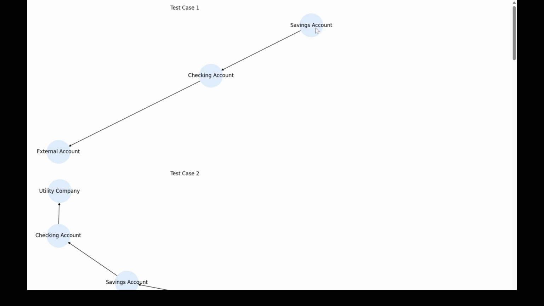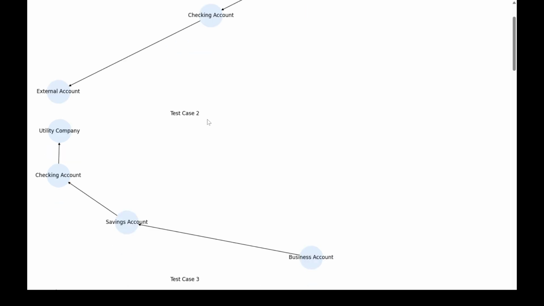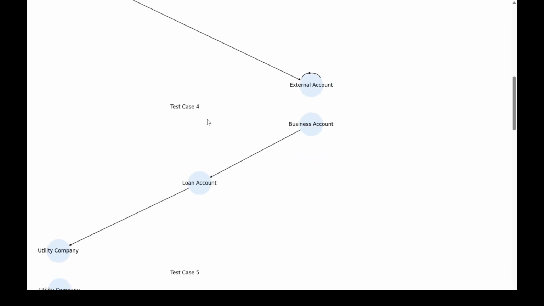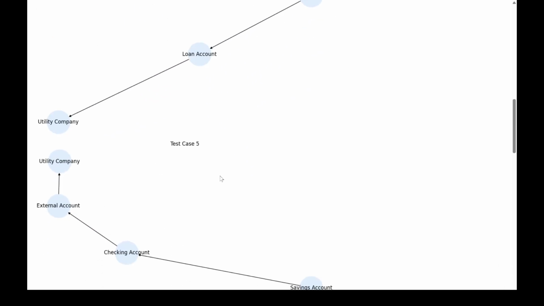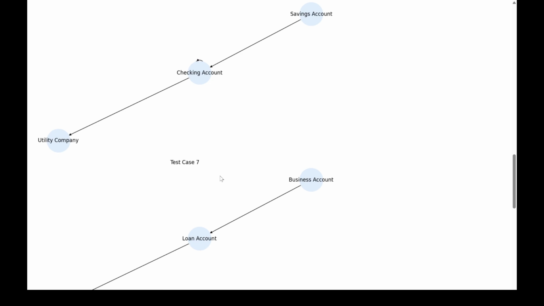As we can see, these are the nodes: saving account, checking account, external account, and these are the edges. Nodes are the functions and edges are calls. Like we can see all the 10 test cases.